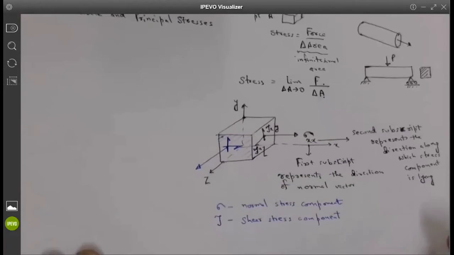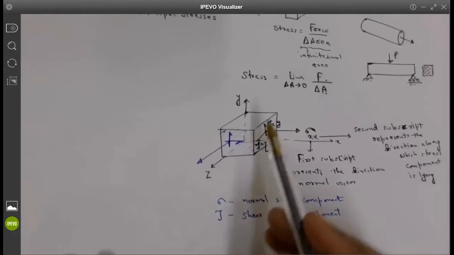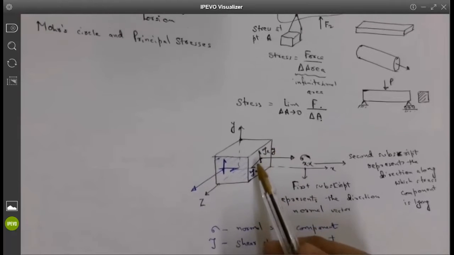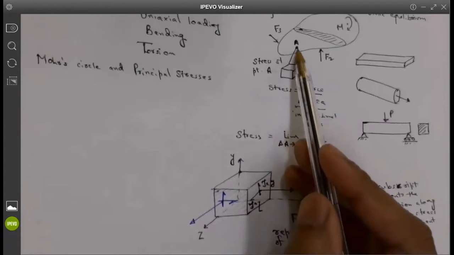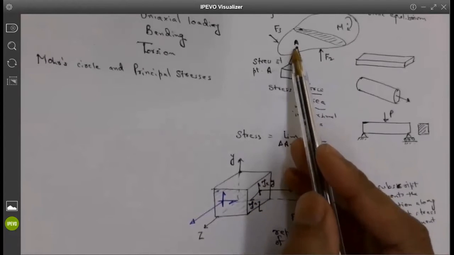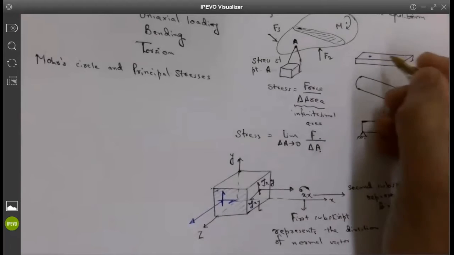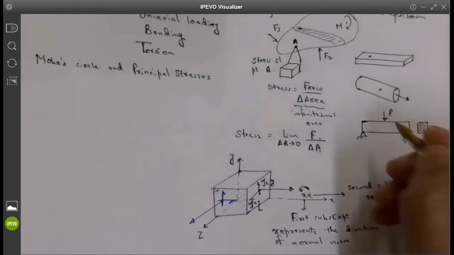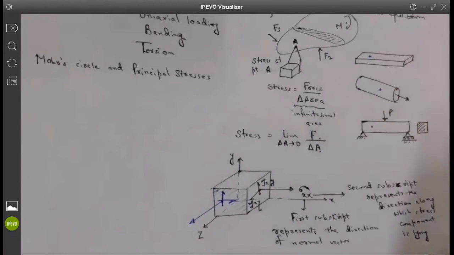Okay, so for each of these faces, remember what this cube represents. The cube represents a material point in an arbitrary shaped body. It can be a point on this bar, on this shaft, or on this simply supported beam.